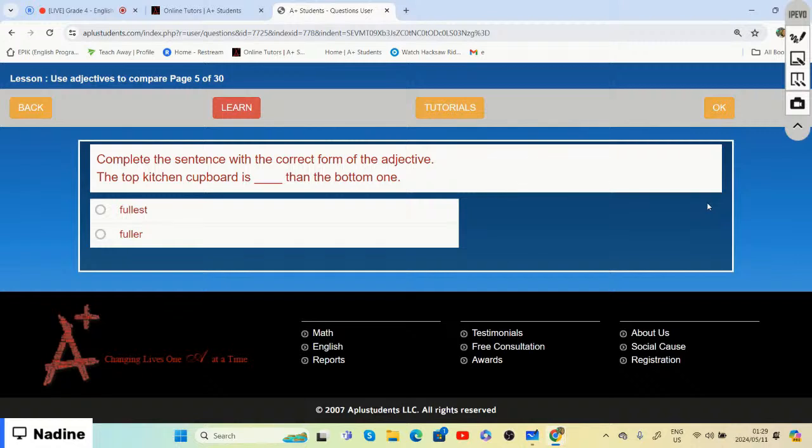All right. So we can say that the top is fuller than the bottom.